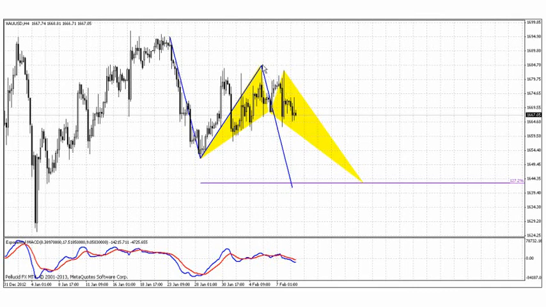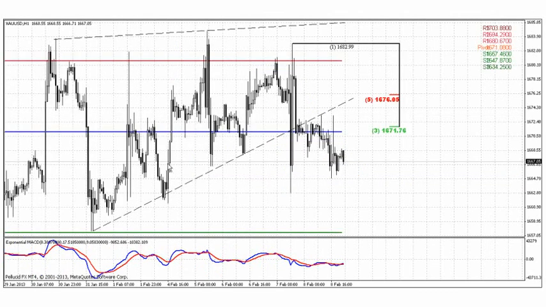Still, if we measure the 127 extension of this swing, it stands precisely in the same area, around 60.40. That's also significant, I suppose, so in fact it could be some sort of butterfly pattern with this move to the downside. On the hourly time frame, don't forget about this bearish wedge that we discussed on the 4-hour time frame in the previous week. Now we see that the market has broken it right here, retested the lower body and continued moving to the downside.